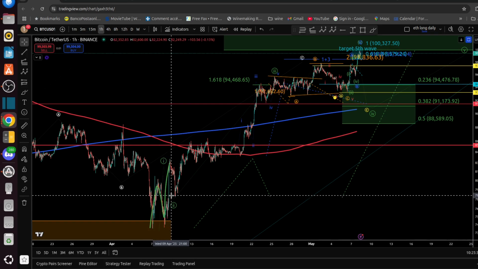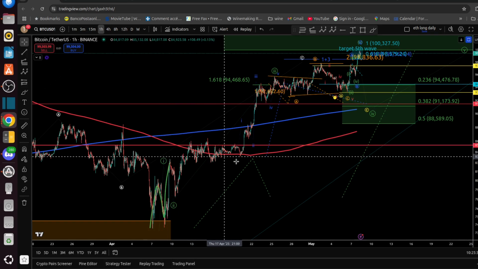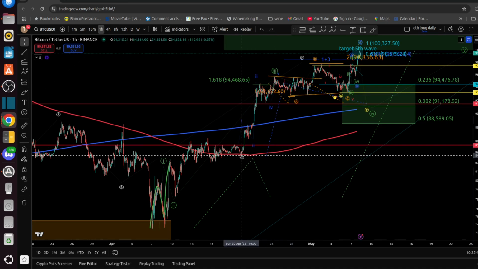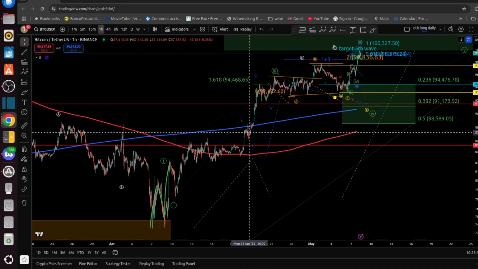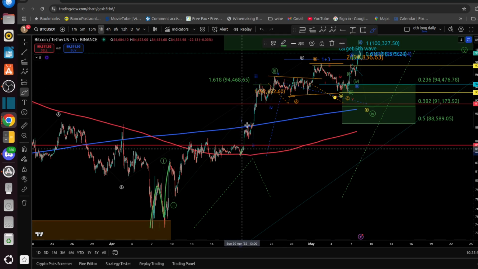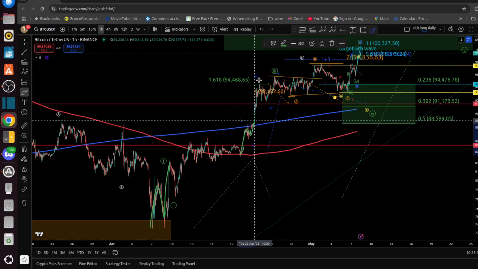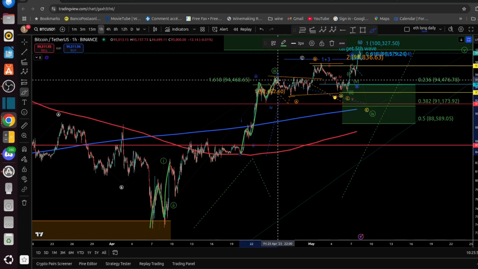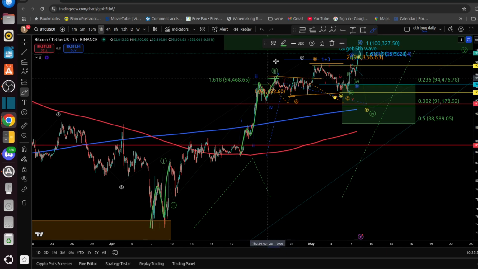After that we had another A, B, and this is the C. Once again the C has 5 waves up, wave 1, wave 2, actually it's already marked but it's easier to follow like that. So wave 1, wave 2, wave 3, wave 4, wave 5. This wave 5 in blue completed the bigger wave 3 in green.